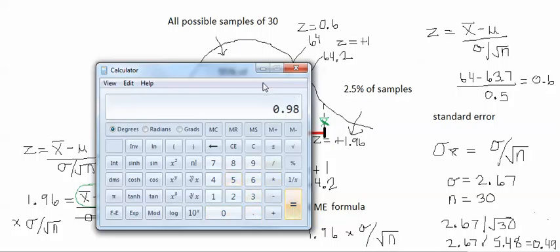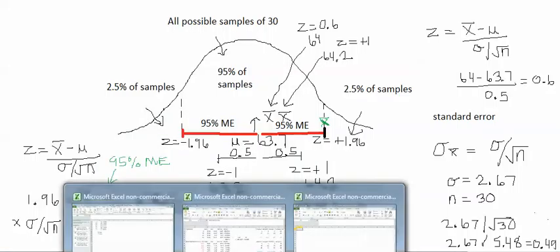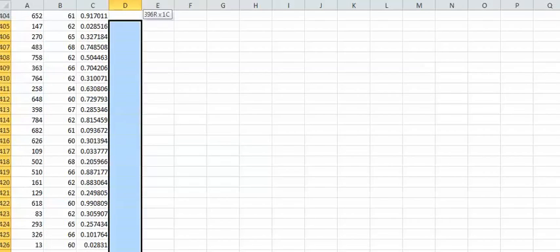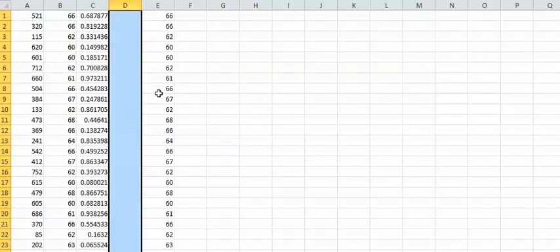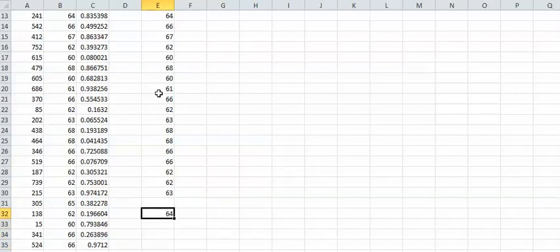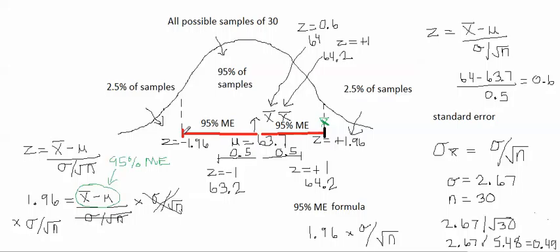And it is 0.98. So when I'm taking a sample of 30 people from this population over here that I was sampling, and I get the mean of my sample of 30, 95% of the possible samples that I could select have sample means that are somewhere between 0.98 below the population mean and 0.98 above the population mean.